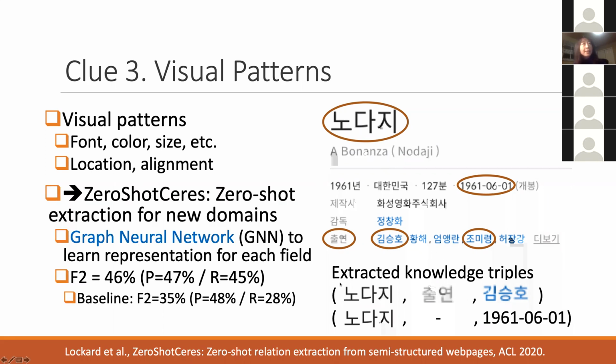So based on this, we developed zero-shot Ceres. And the goal is to enable ourselves to extract knowledge from totally new domains. And the key technique is to use a graph neural network to learn the representation for each text field. And then we can decide the relationships between the text fields according to the representations.